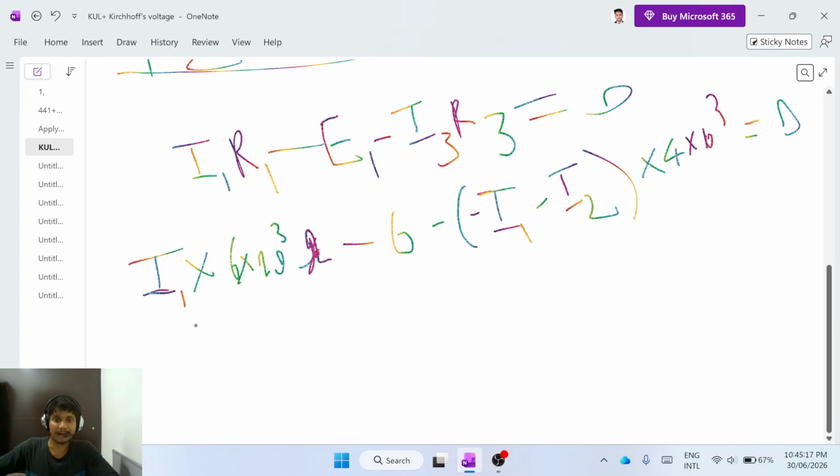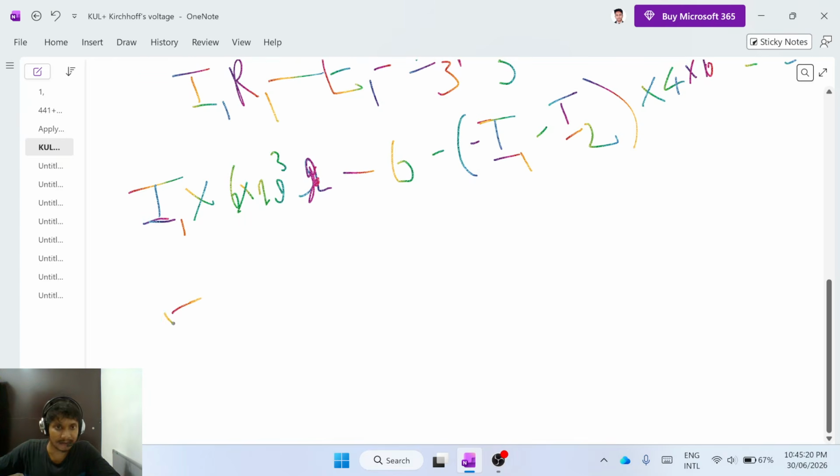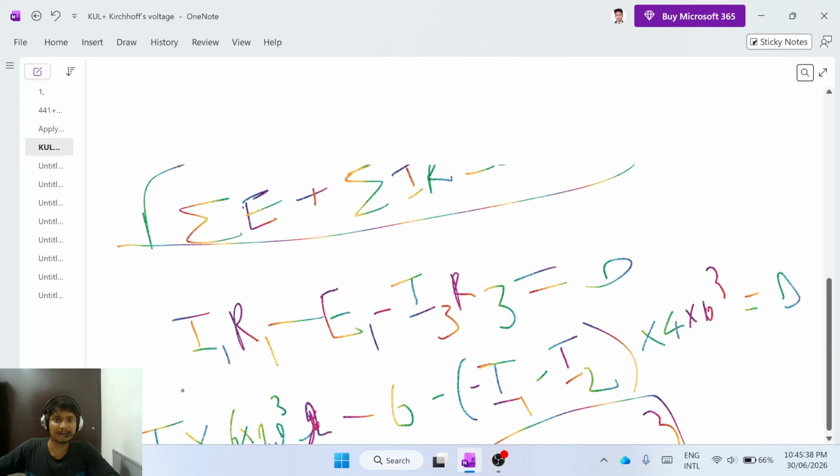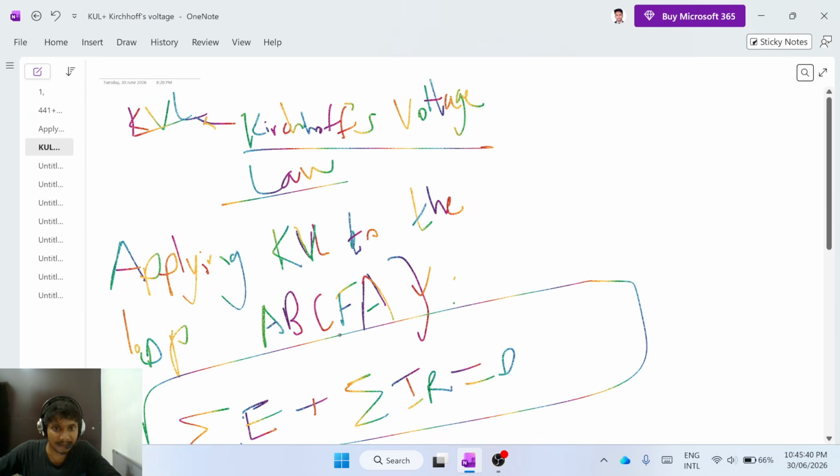If you find the final answer, you will finally get 5I1 plus 2I2 is equal to 3 into 10 to the power minus 3. That is using KVL to the loop ABCFA in this right direction.